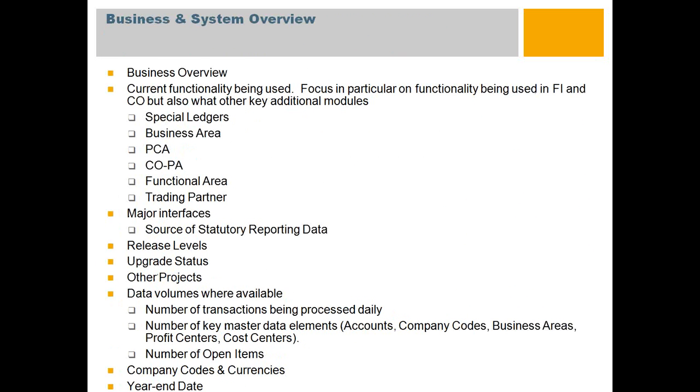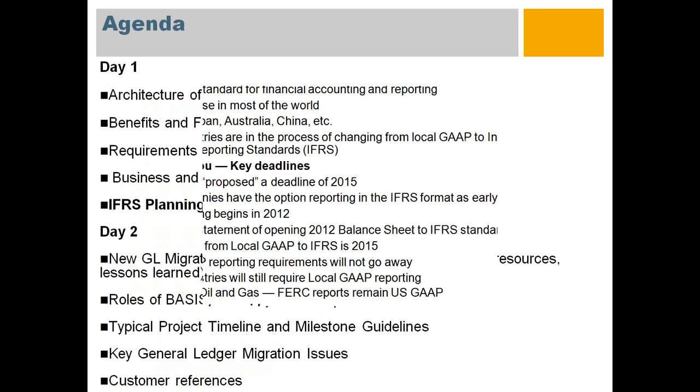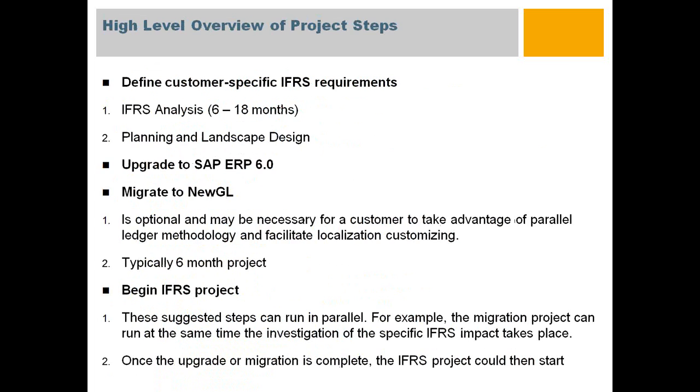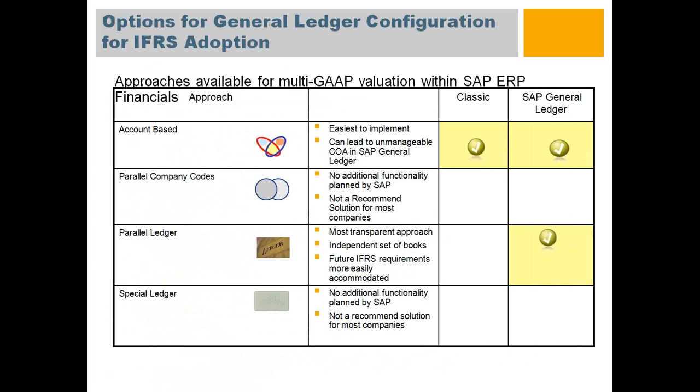So current functionality being used, focusing on FI, CO, the key additional margin, special ledger, business area, PCA. Looked at that. Here they're talking about the approaches available for multi-GAAP valuation within SAP.